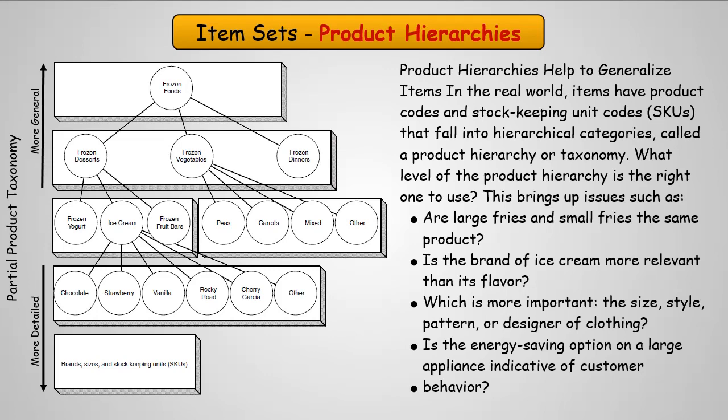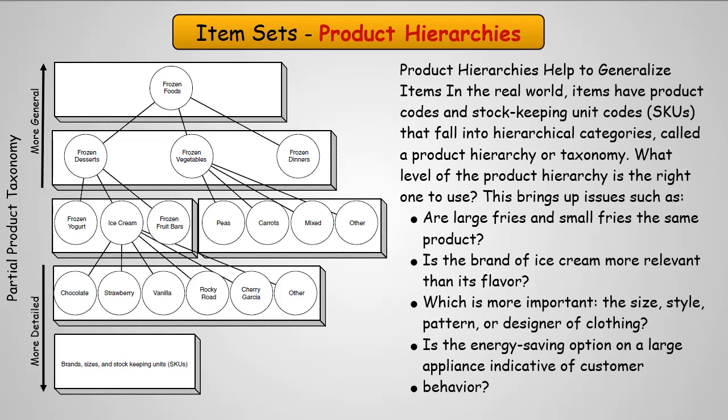So this brings up a lot of issues as we look at my example here of frozen foods, frozen desserts, frozen vegetables, frozen dinners. Are large fries and small fries the same product? Is the brand of ice cream more relevant than its flavor? Which is more important, the size, style, pattern, or design of clothing?